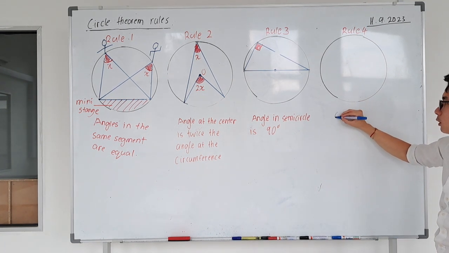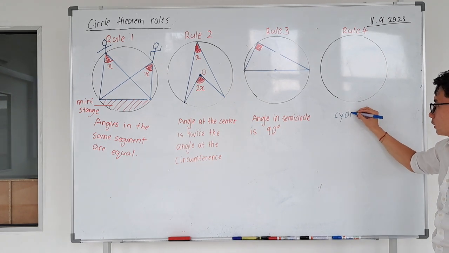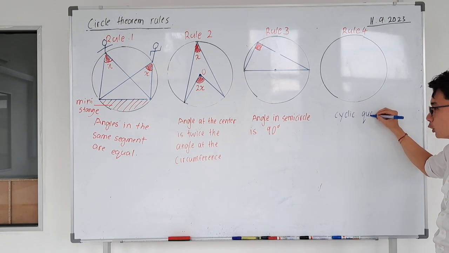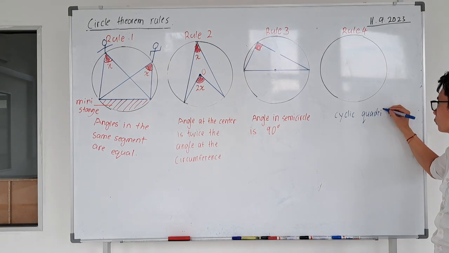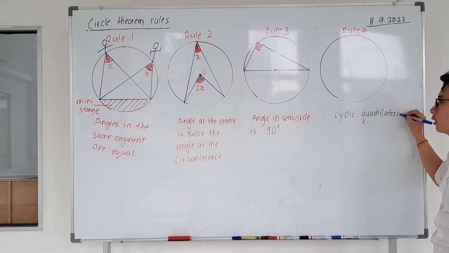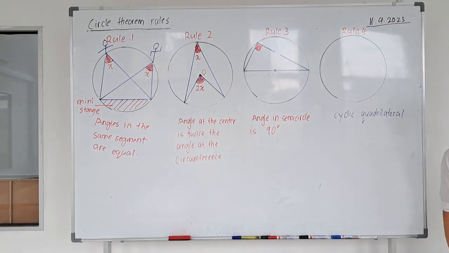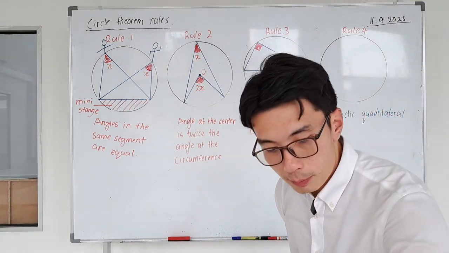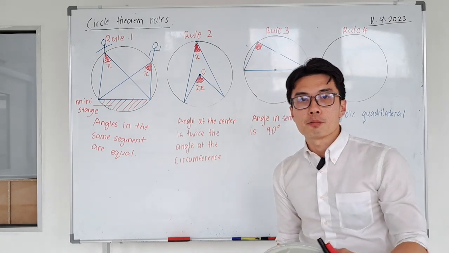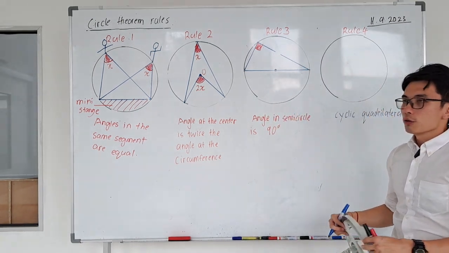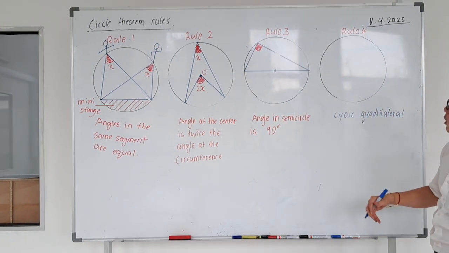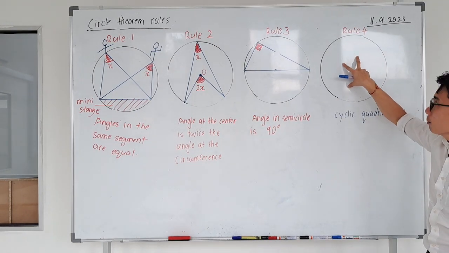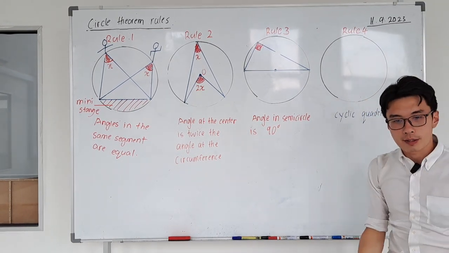This term is called cyclic quadrilateral. Alright, this is called cyclic quadrilateral. Now you may pause the video and try to think about what cyclic quadrilateral means. Alright, now if you have guessed it is a quadrilateral shape inside the circle, you are correct.